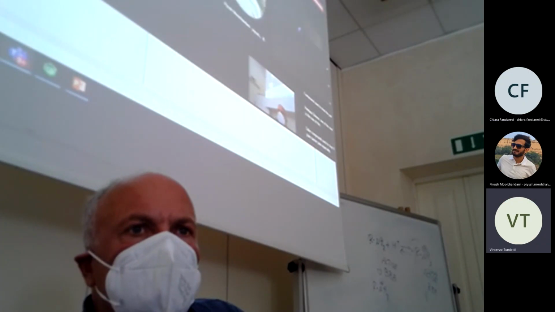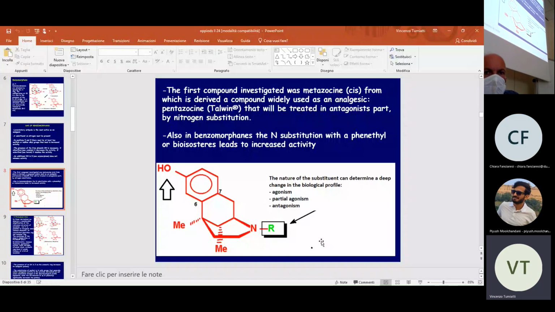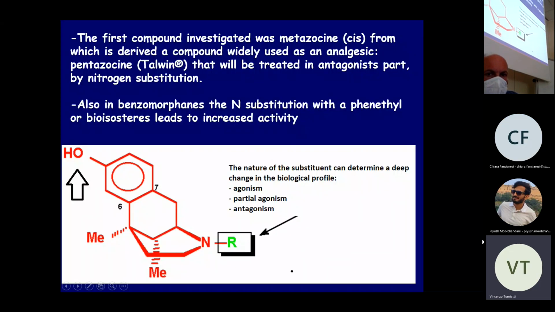So you see how it is possible to transform metazocine, a pure agonist, into an antagonist by the replacement of the methyl group with the dimethylallyl group. Penta means 5, so you have to remember 5 carbon atoms on nitrogen.